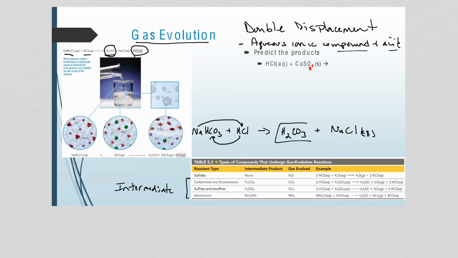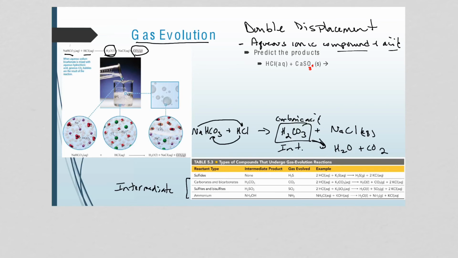And this is the intermediate that we spoke about, and it's this carbonic acid here. This is carbonic acid. That ultimately breaks down to give you water plus carbon dioxide.